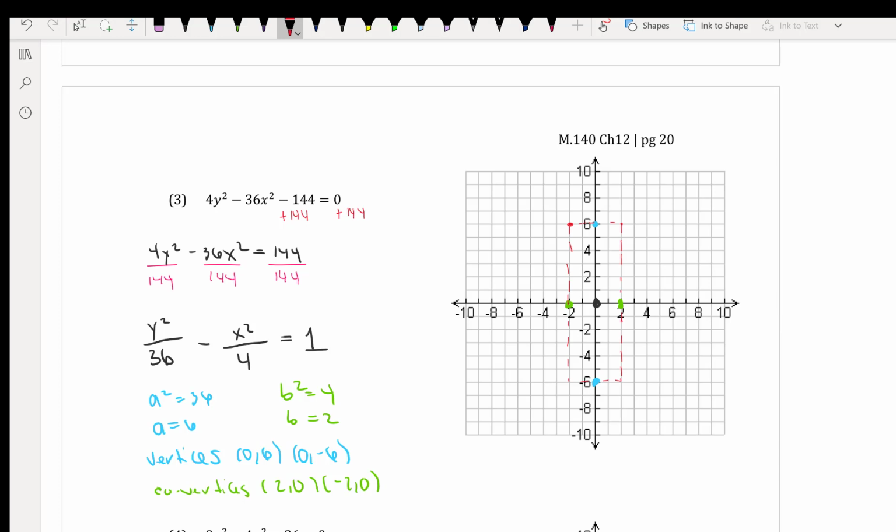So now to draw the asymptote, it goes from the center through the opposite ends of the box. And since the y came first, then it's along the y-axis.